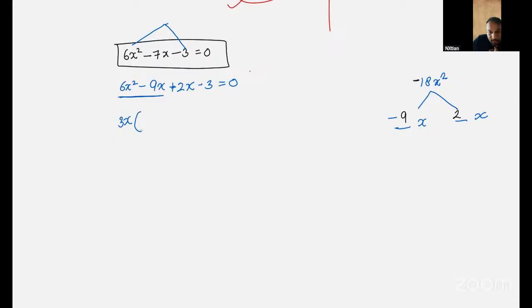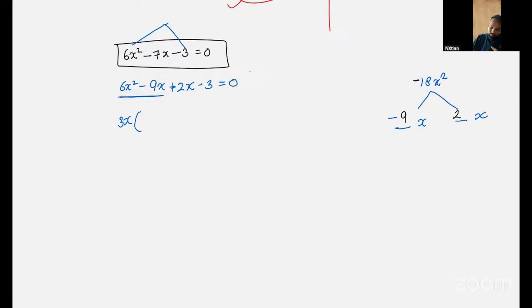What will remain from the first term, which is 6x squared? From this, 3x is out.